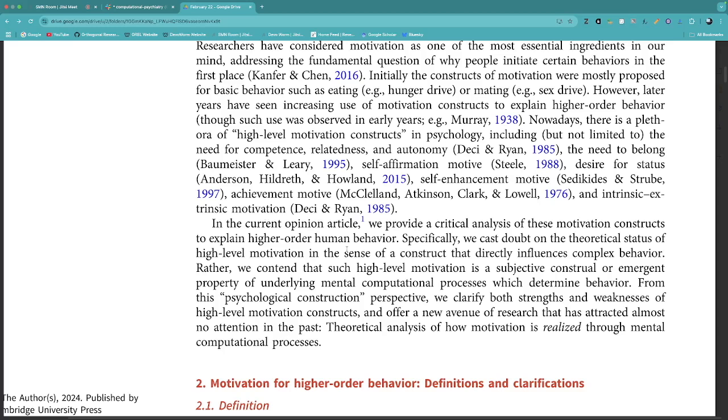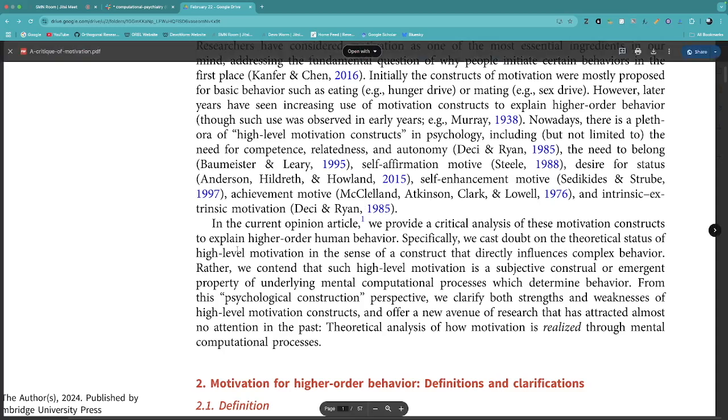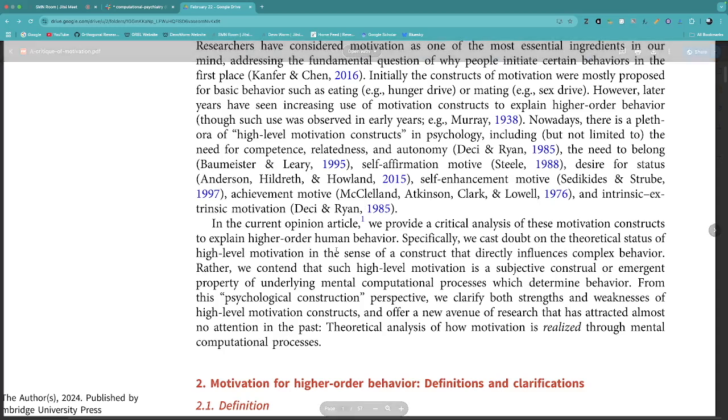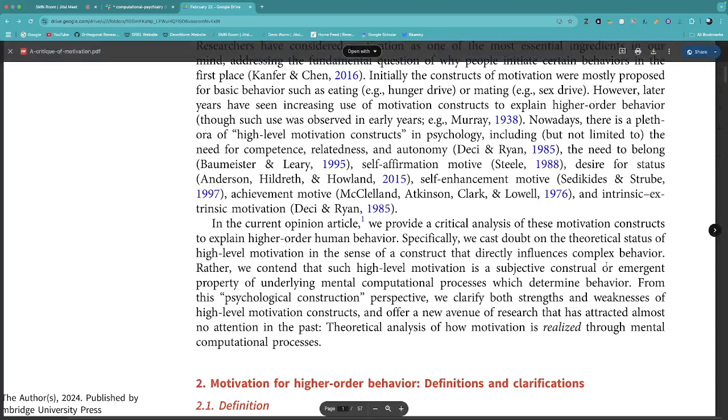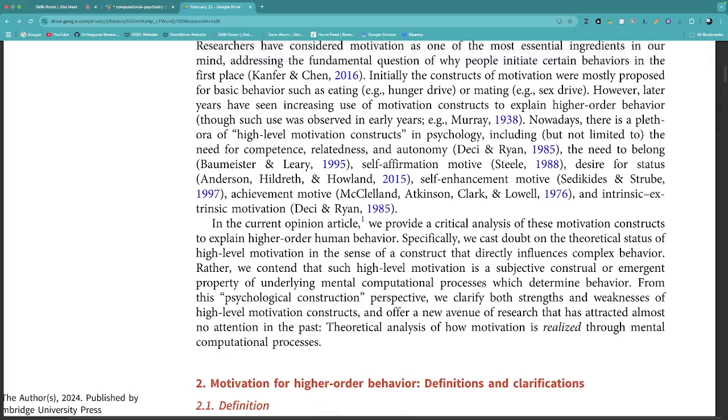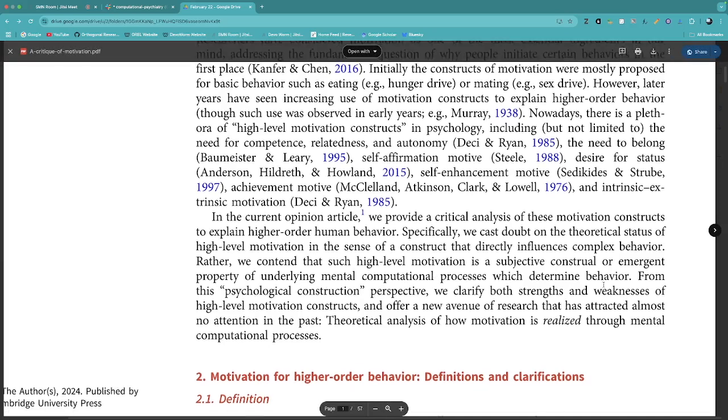They say in this opinion article, we provide a critical analysis of these motivation constructs to explain higher order human behavior. Specifically, we cast doubt on the theoretical status of high-level motivation in the sense of a construct that directly influences complex behavior. Rather, we contend that such high-level motivation is a subjective construal or emergent property of underlying mental computational processes which determine behavior.